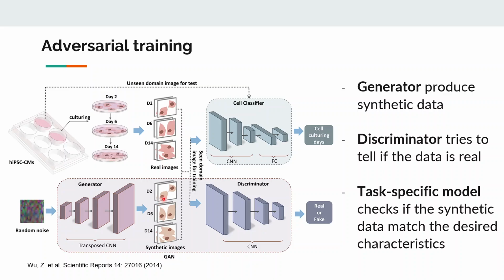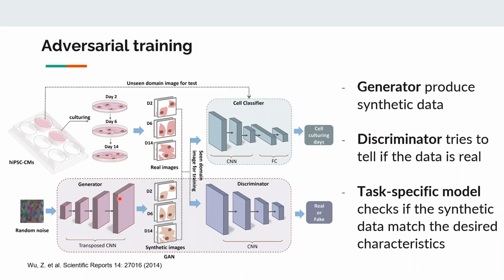And as the generator learns to do better and better, the discriminator is going to have a harder time telling if it's real or fake. So the discriminator is also an AI. So it's going to learn as well that when the generator gets better and the data become difficult to distinguish, the discriminator is going to learn an even better way to distinguish the data. So it's now a competition, right?